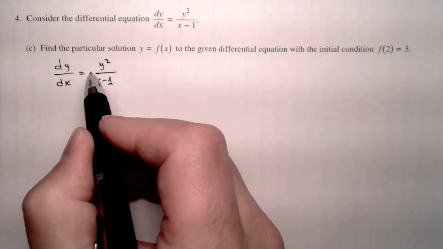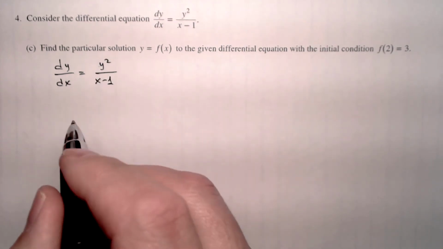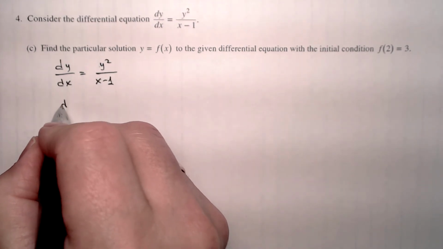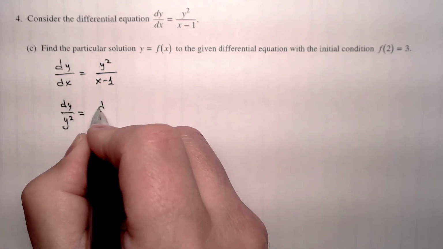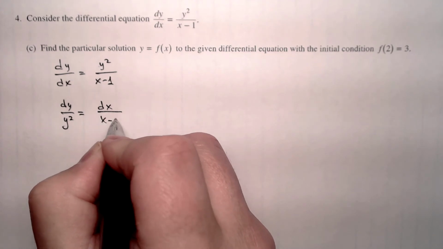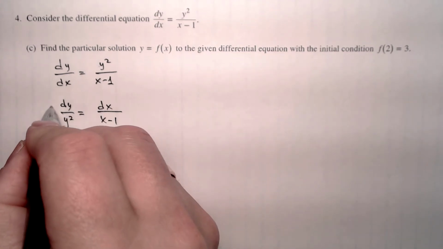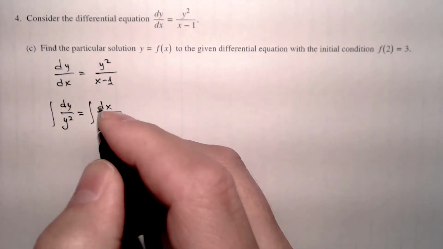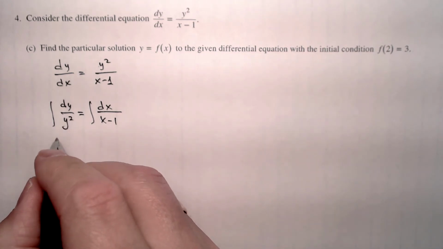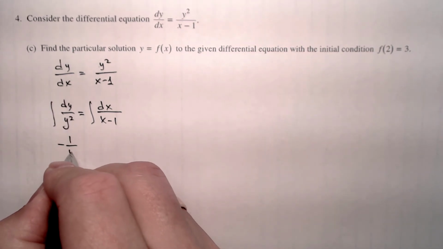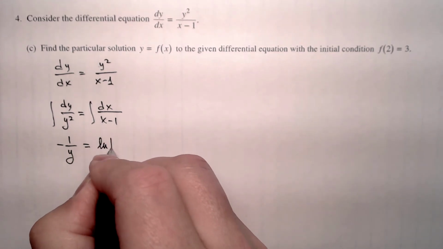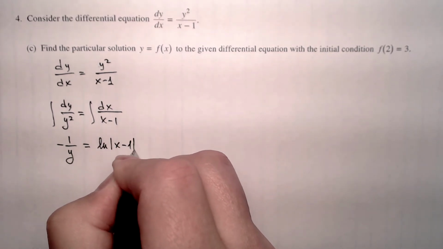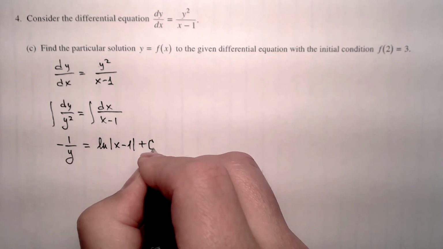Let's bring all y's to one side and all x's to the other side, and so we get dy over y squared equals dx over x minus 1. Then we integrate both sides. We get here negative 1 over y equals ln absolute value of x minus 1, and don't forget plus c.